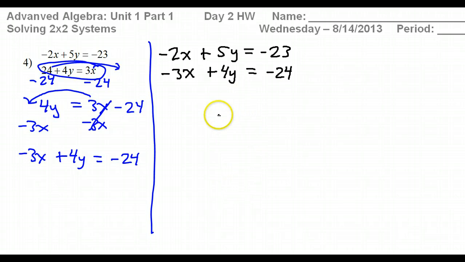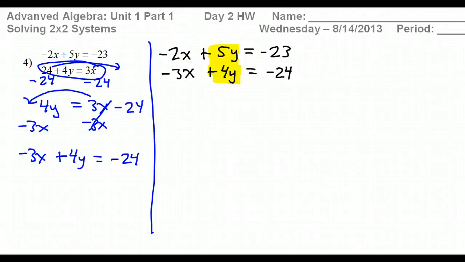Now, we need opposites that cancel. There's no easy way to turn 2 into a 3. We can't turn a 4 into a 5. So this is one of those where we're going to have to do both equations. Just for fun, I am going to target the y's this time. So I am going to make the y's into opposites that cancel.